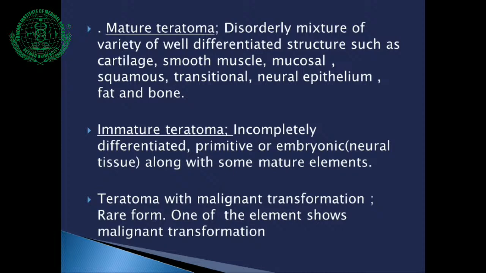Immature teratoma is incompletely differentiated, but the primitive or embryonic structure is more prominent, and a large amount of primitive structure is present. Presence of mainly the neural structure in the tissue is the identification for the immature teratoma.